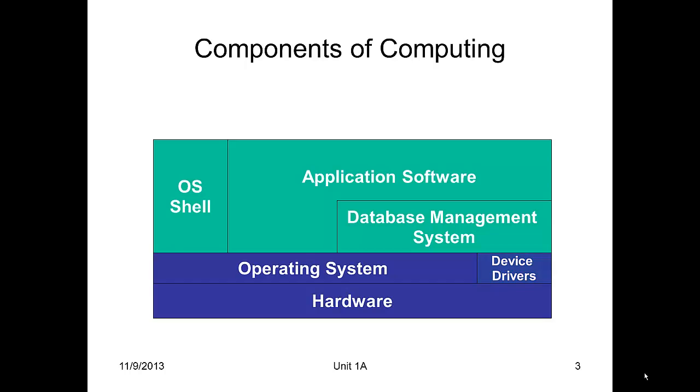Working alongside the operating system are device drivers. Operating systems themselves may contain software that talks to and manages communication with a lot of hardware, but in many cases you've got specialized hardware that requires software to run it so the operating system can recognize that hardware.